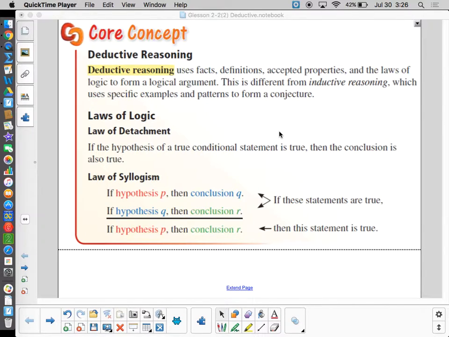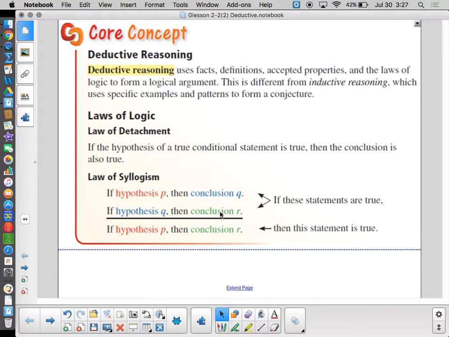Okay? We can do this all day, make up little syllogism games and have fun with it. The thing we have to be very careful about with syllogism is that the order has to be specific. If P goes to Q and then Q goes to R, that's a syllogism.